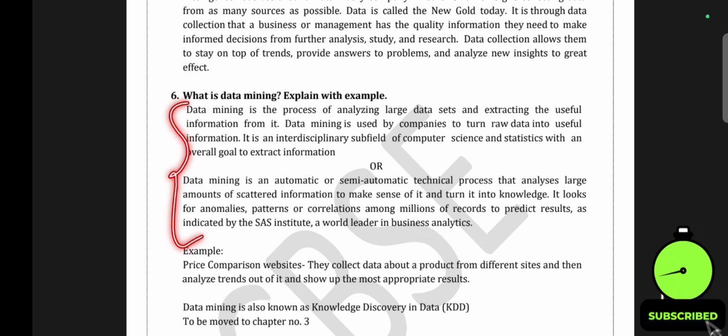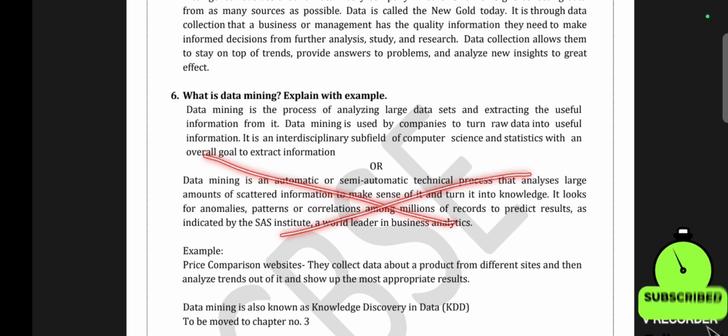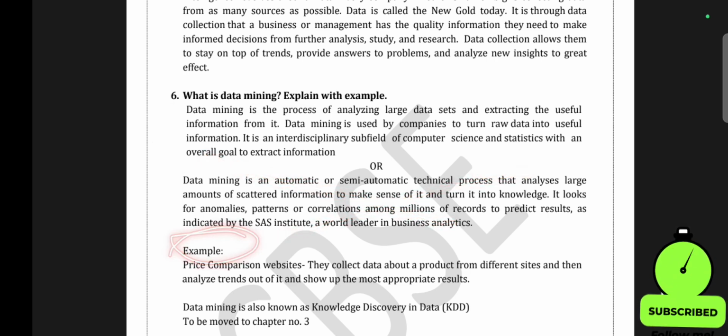From this too, I will prefer you should write this. Don't write this one. For example, price comparison websites. They collect data about products from different sites and then analyze trends out of it and show up the most appropriate results. Okay?